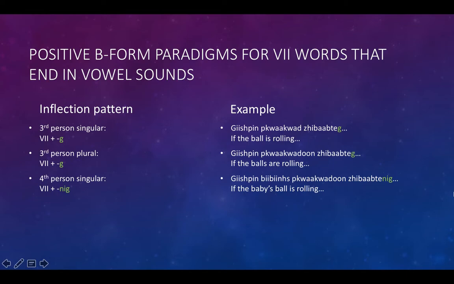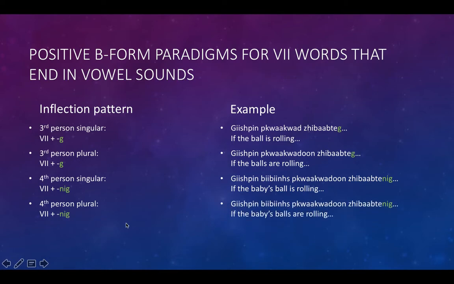Moving on to fourth person plural. Same thing. Same B-form suffix. So our fourth person plural example is gishpin bibis pkwakwadon jaboptenig. And that means if the baby's balls are rolling. So for B-form, fourth person singular and plural are inflected the exact same way.